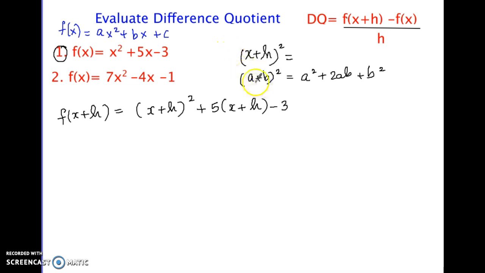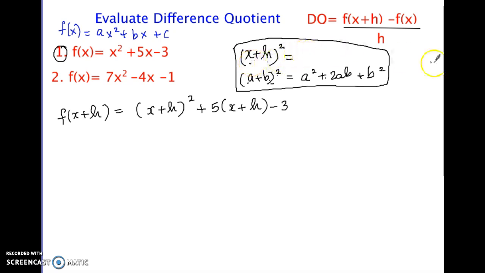Okay, the longer way to do this would be to actually multiply x plus h times x plus h, distribute the terms out, and combine like terms and get your answer. But instead of doing all that, you can always easily square a binomial using this formula. When you have to square a binomial, you can use the formula a plus b the whole square, which is the first term square plus twice the product of the terms, which is 2ab, plus the last term square.